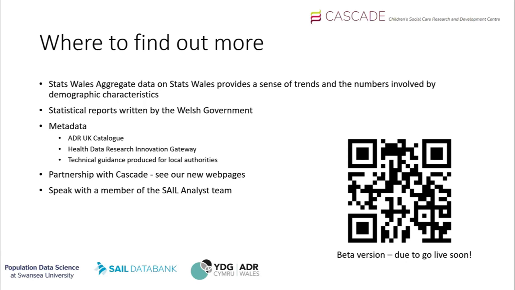And of course, I recommend that you would always speak to a member of the SAIL analyst team as well, and your scoping process will enable you to see again about the use of these data for your research.